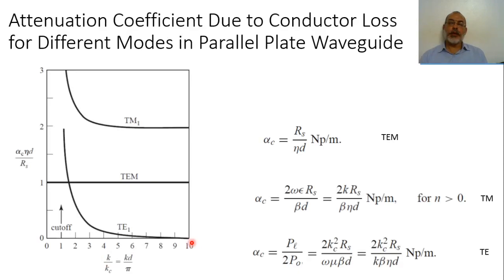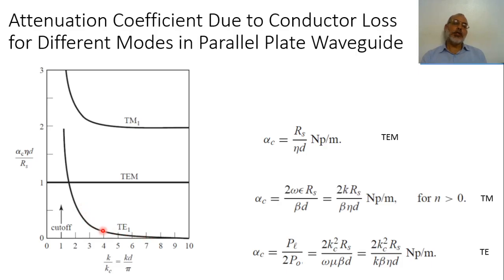By comparing the attenuation coefficient for the different modes in parallel plate waveguide, we see that this is the attenuation coefficient for the transverse electromagnetic mode. The attenuation coefficient for the conductor loss for the transverse magnetic mode 1, and the attenuation coefficient due to the transverse electric 1.